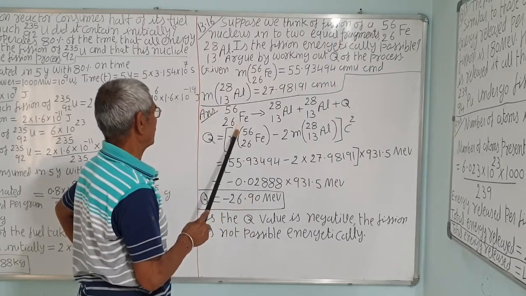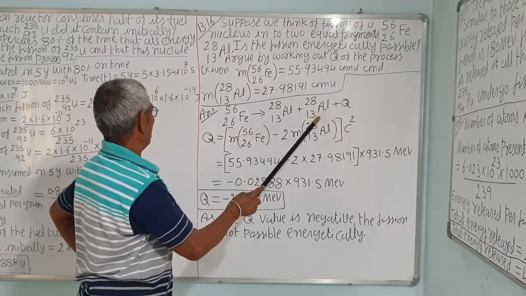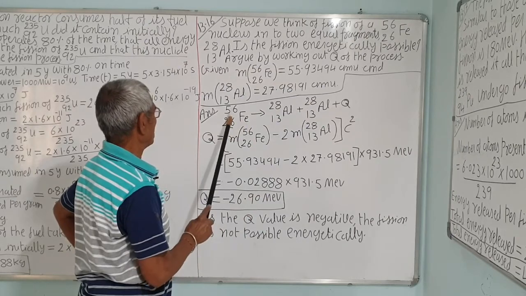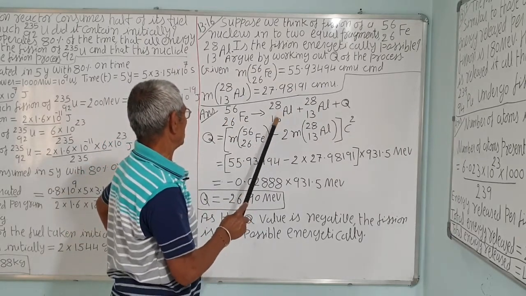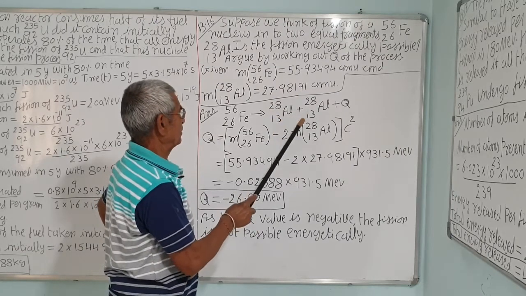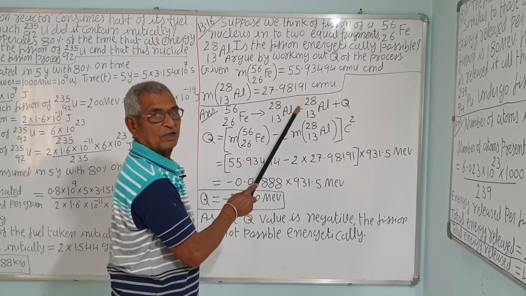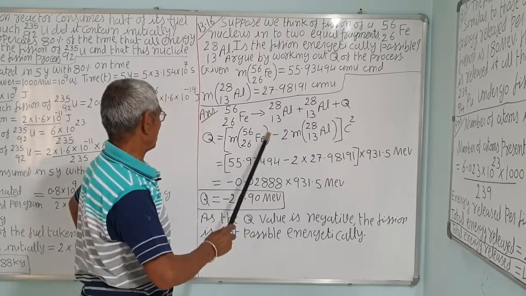If you convert the iron into two aluminum nuclei, that is Fe 2656, it will be changed into two nuclei of aluminum 1328 plus energy generated. Now calculate the mass defect.